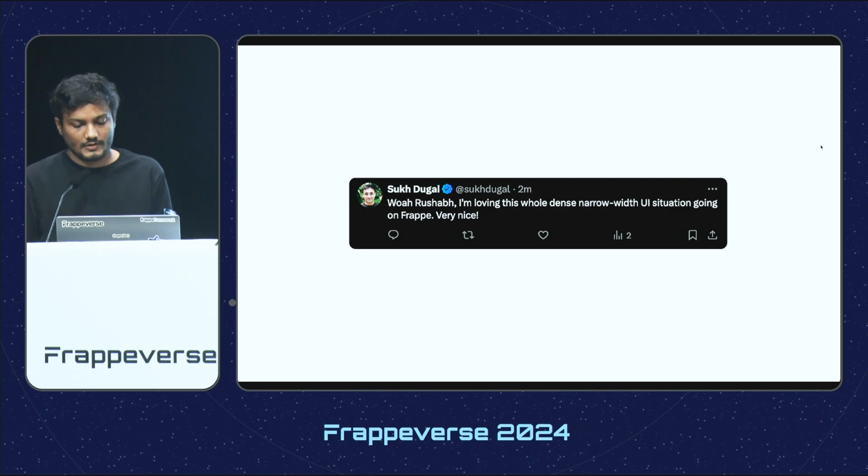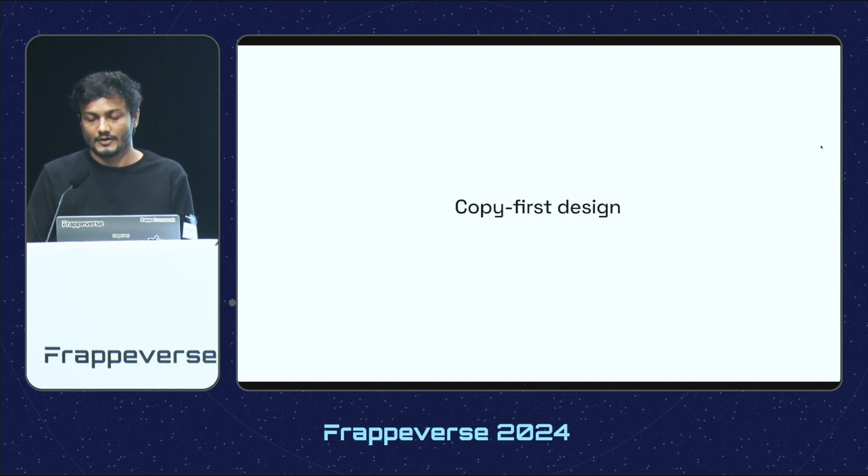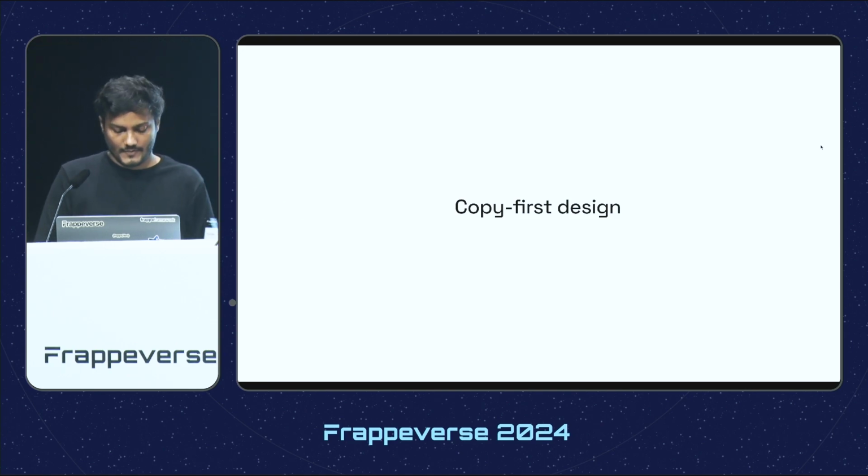So apart from these components, the final component is copy. We believe that copy is design, and good copy can make or break a website. So I took help from some of the best copywriters at Frappe, and if I have to give a shout out to Rushabh, Michelle, Neha, Rucha, Palkan.